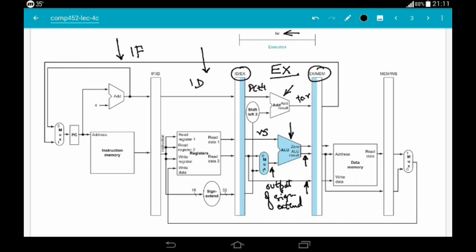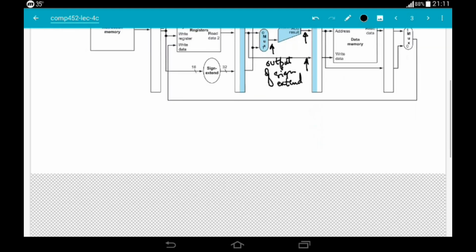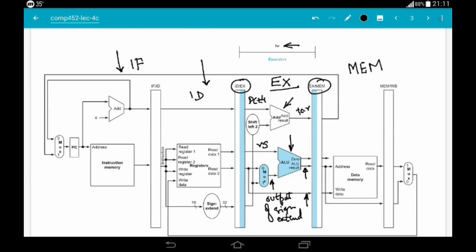Okay, so in the next clock cycle, what's going to happen is that this instruction is going to reach the MEM stage. This is the MEM stage, and let's see what happens in the MEM stage. Oh, there's nothing here.